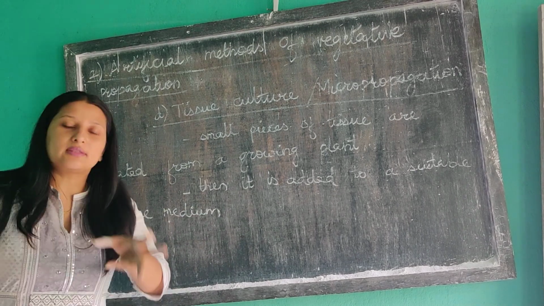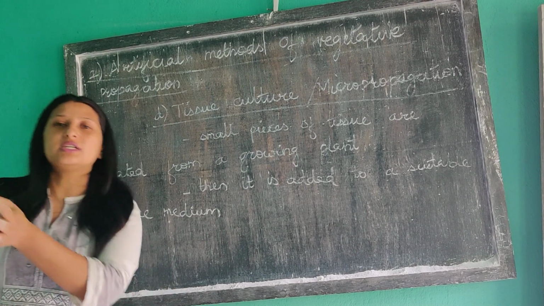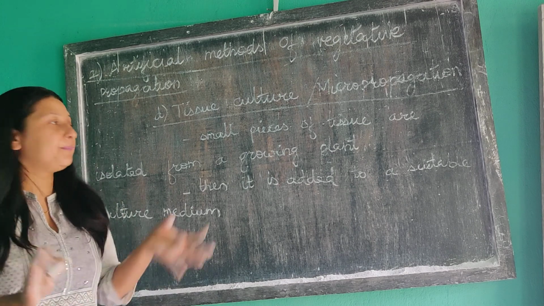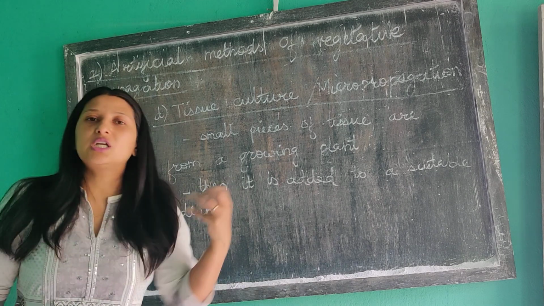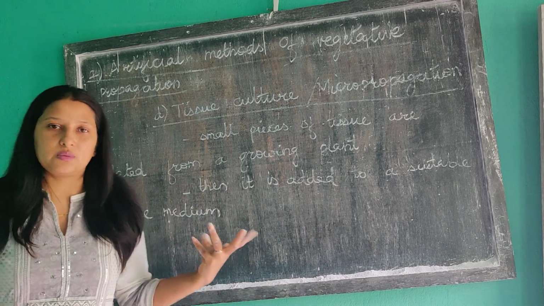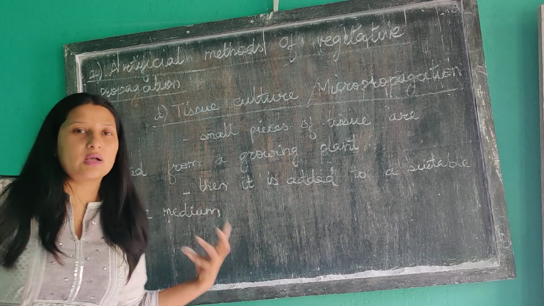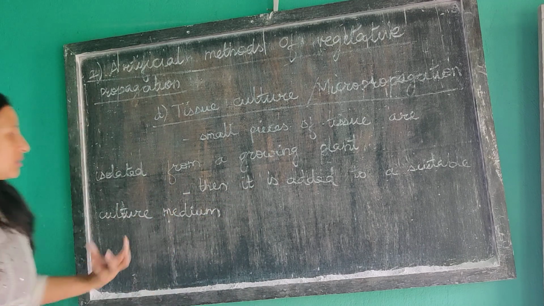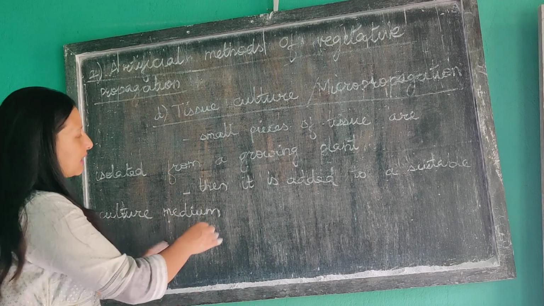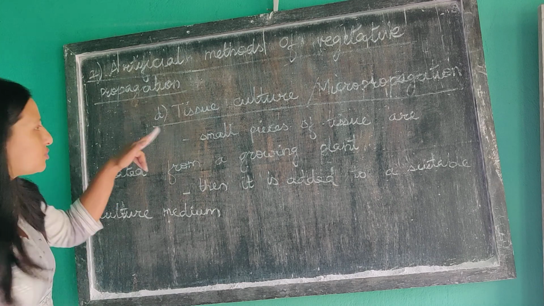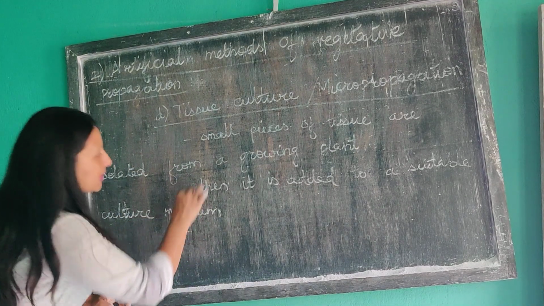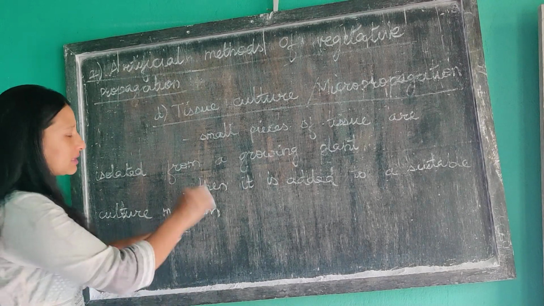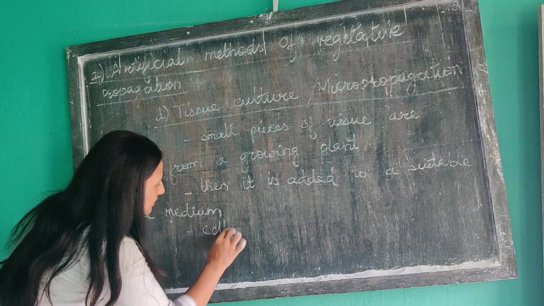Okay, liquid अथवा semi-solid भनेको आधी solid आधी liquid अनि solid त्यस्तो खालको culture medium हुन्छ. Okay, culture medium जस्तो liquid culture medium is broth. Okay, त्यस्तै गरी solid culture medium is agar. So this type of suitable culture medium is taken, and then those tissues that has been isolated will be added to the culture medium.